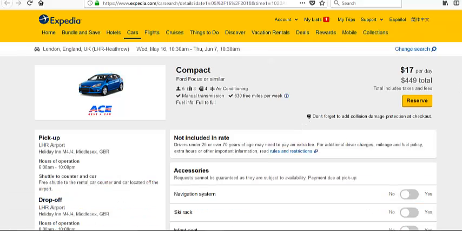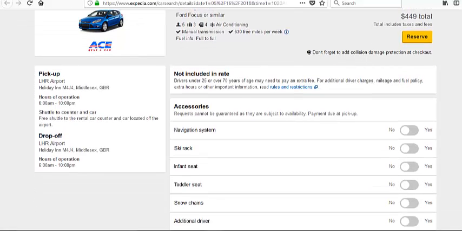Okay, not included in the rate: drivers under 25 or over 70 may need to pay an extra fee. And you take a shuttle, they have the rental car places off-site. And let's see, this always bothers me.